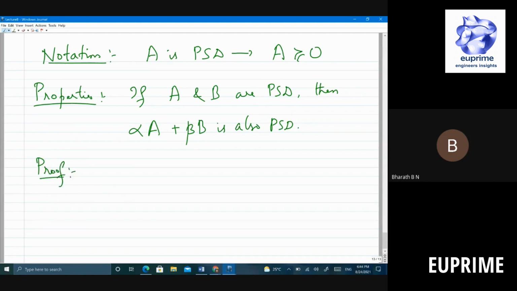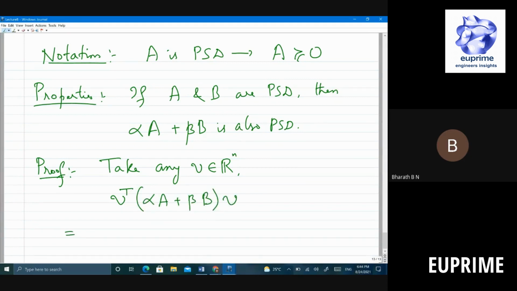I should take a vector v. V transpose times the matrix times v should be non-negative, right? So let's do that. Take any v in Rn. V transpose (alpha A plus beta B) v, which is alpha times v transpose Av plus beta times v transpose Bv.